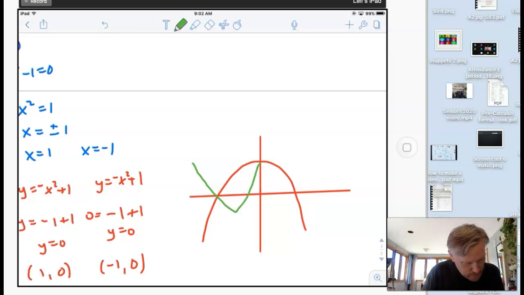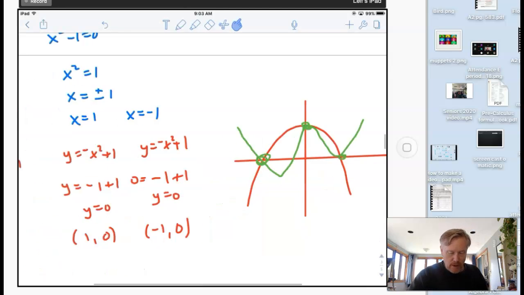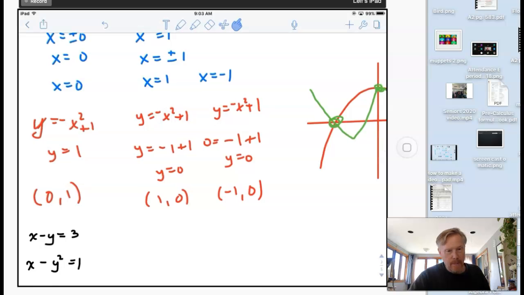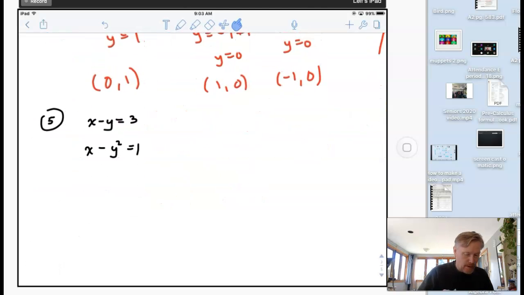It would be something like this. So it's got 1, 2, 3 points of intersection, and that's why you get three answers. Okay, that one's definitely a weird one. All right, next one, number 5.